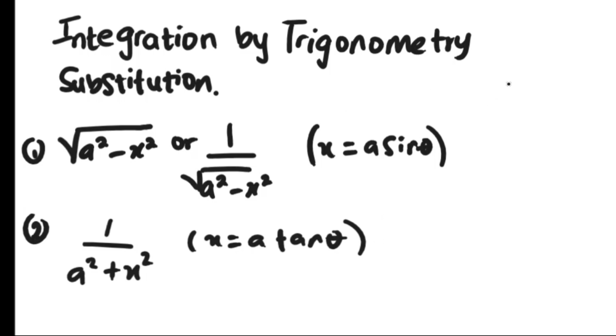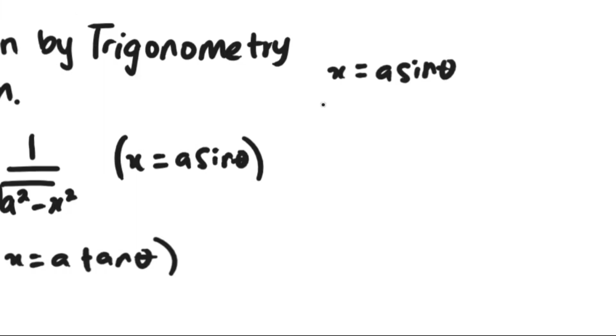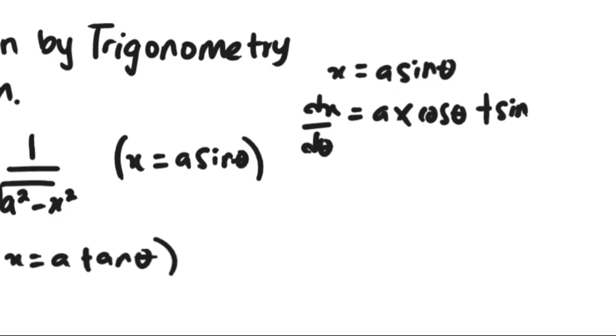proving. Now, if we have x equal to a sine theta, take a look at this. If we differentiate x with respect to theta, you know that a here is multiplying sine theta, so we are going to use product rule. So say first times derivative of second. If you differentiate sine theta, you're going to get cos theta, plus second times derivative of first.